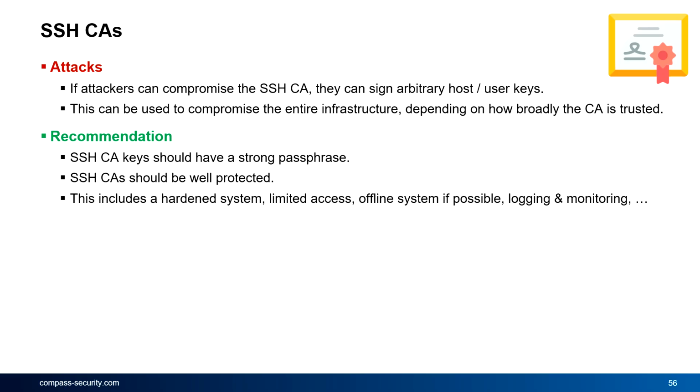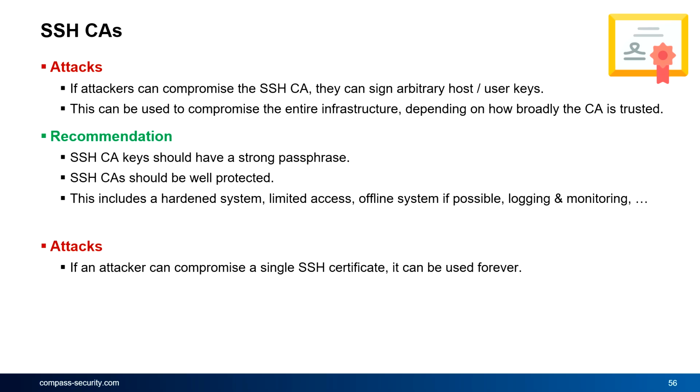So it's very important that your SSH CA keys have a strong passphrase, that they are well protected, that the system itself is hardened, and you only have limited access to this system. Maybe it's an offline system that's not on the network all the time. You have logging and monitoring deployed and so on. So this is really maybe a tier 0 system you have to care about.